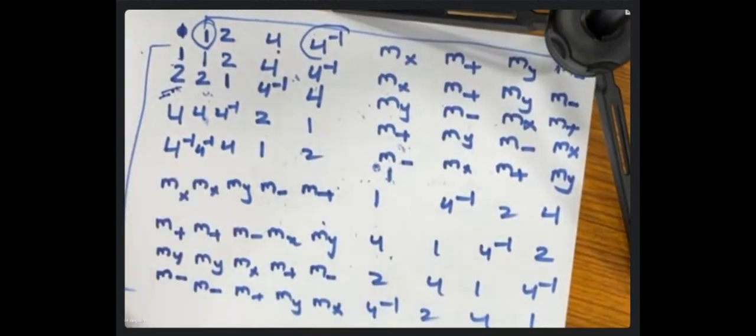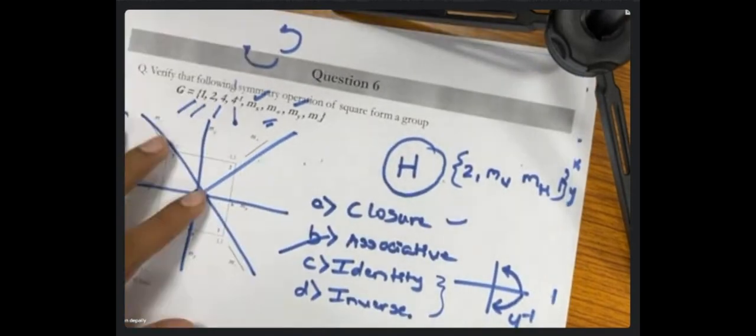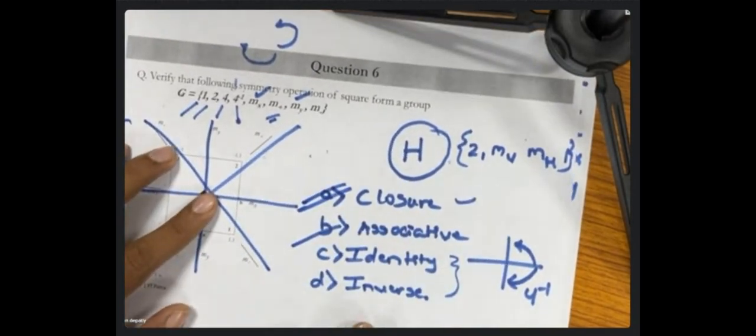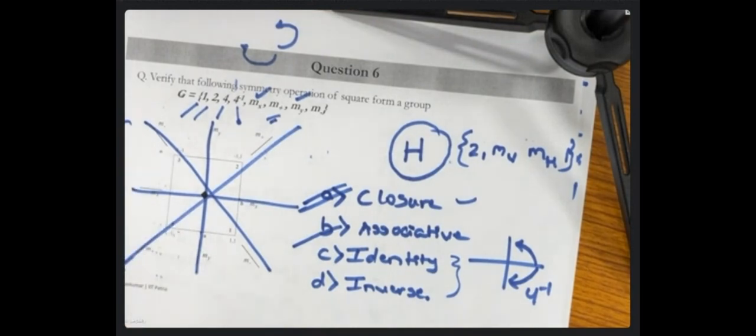So the four things which we were looking for: the closure has been confirmed, because when we apply the operation followed by another, all of them give an element which is closed within this particular set.